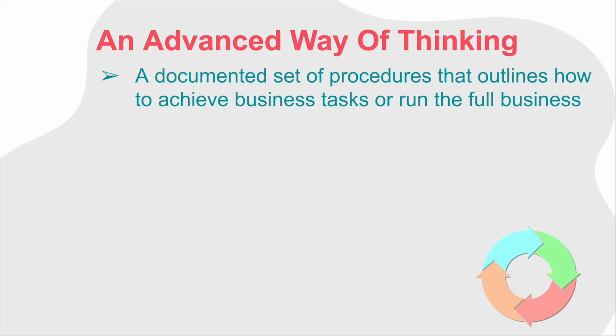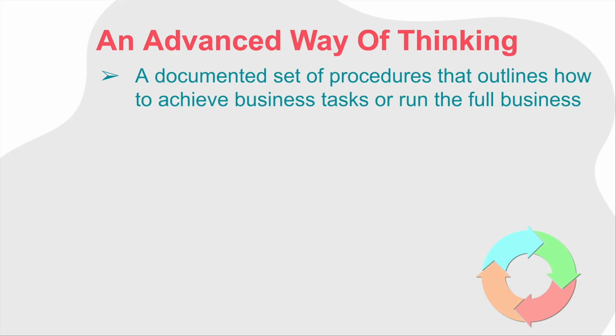There are two elements at play here. It has to be documented and it has to have a set of procedures that people can follow. Because at first, you figure out all the procedures, but later you have to hand over those procedures to either be worked on by people or automated by machines or software. So you need to provide the step-by-step instructions to run certain tasks.